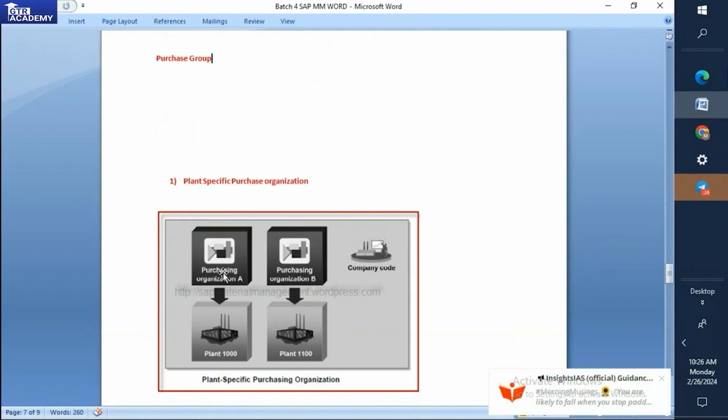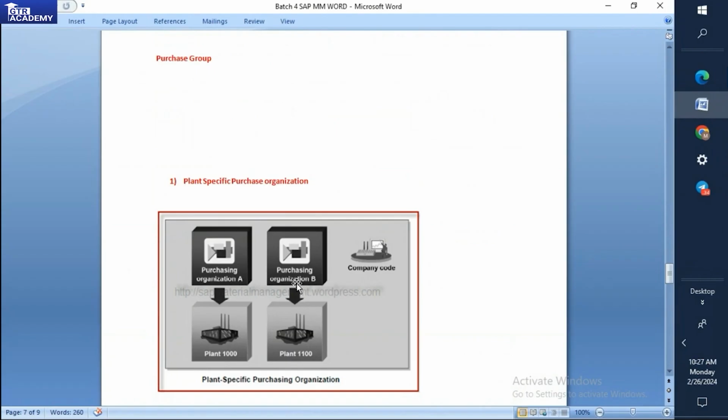Suppose purchase organization A is assigned to plant 1000. This plant has to take only from purchase organization A, and this plant can't access purchase organization B. For plant 1100, the other purchase organization B is assigned, so it has to take only from there.